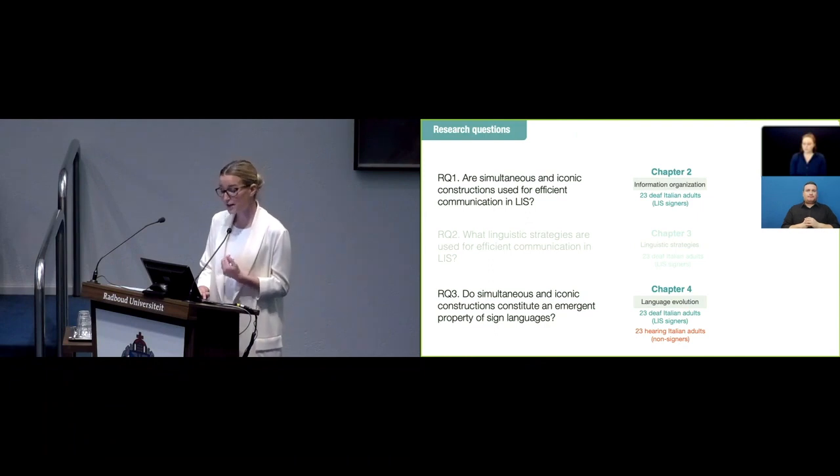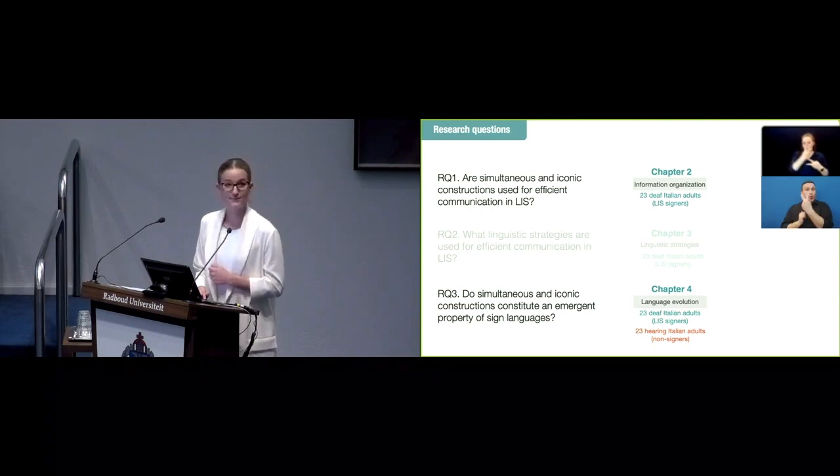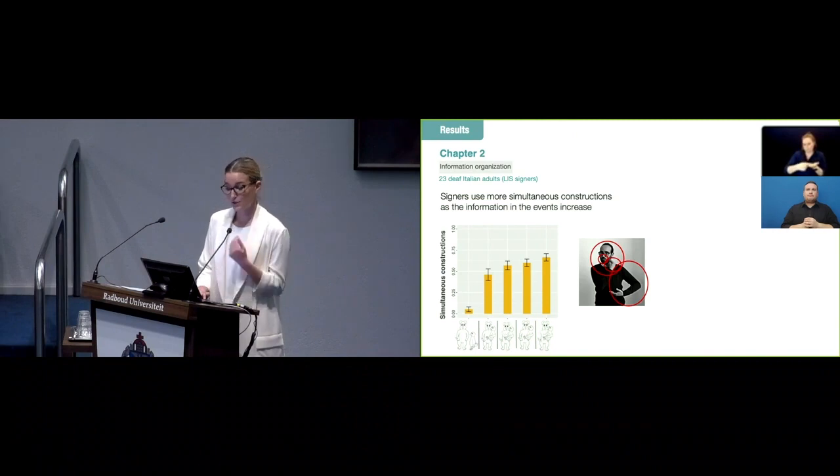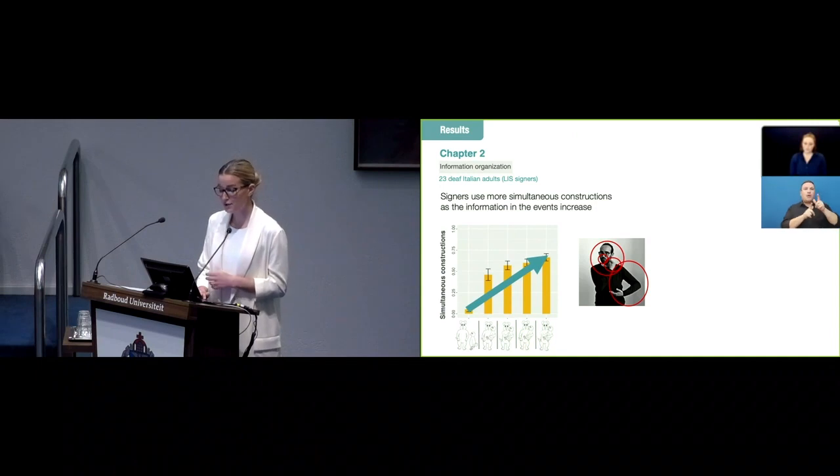In the interest of time, in this presentation, I will report the main results of Chapters 2 and 4 only. In Chapter 2, I coded the simultaneous constructions used by signers. Results reveal that signers use more simultaneous constructions as the information in the events increases.